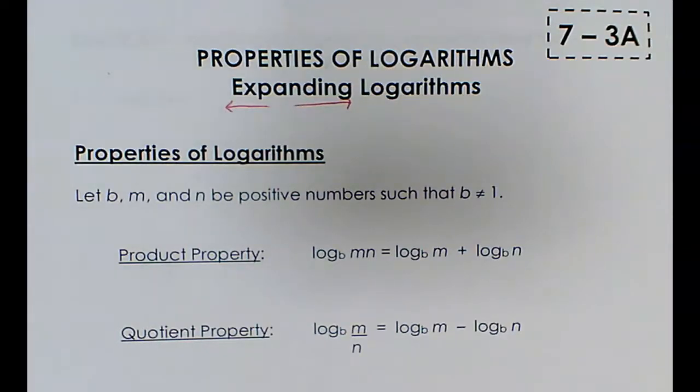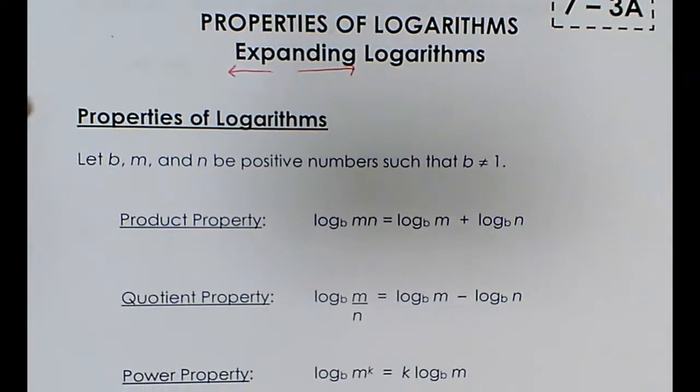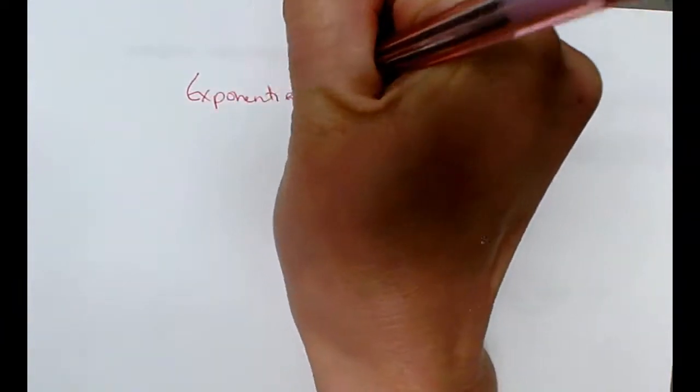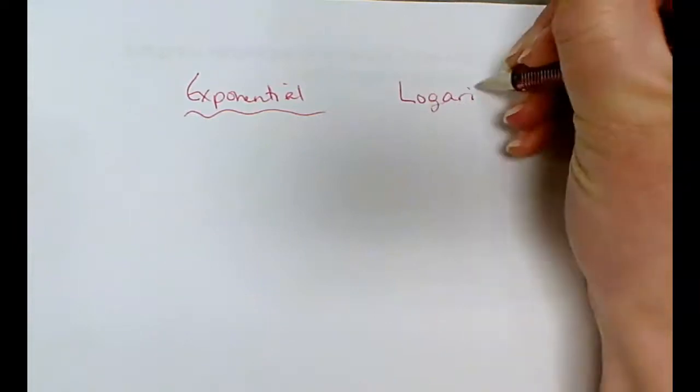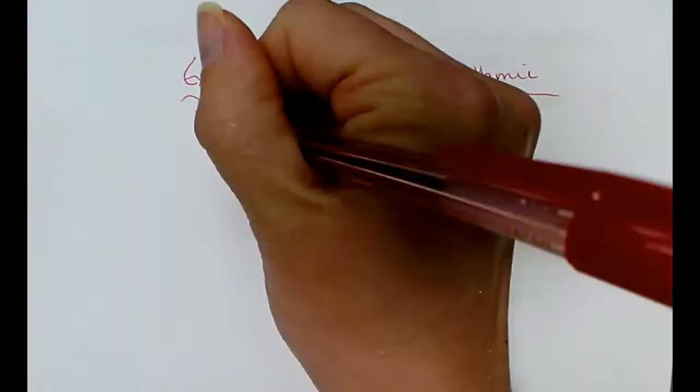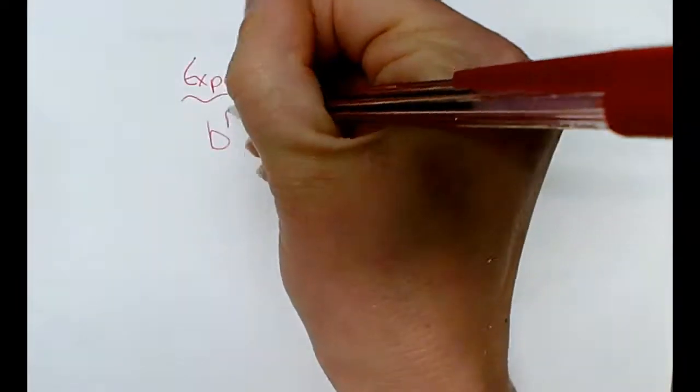We've got three properties of logarithms today. Before we talk about these, I want to review how to switch between exponential form and logarithmic form. In exponential form, you have a base b, you raise it to a power p, and it equals a number n.